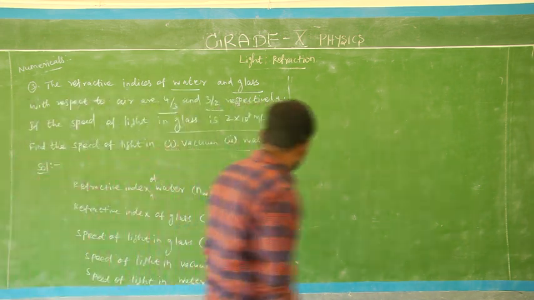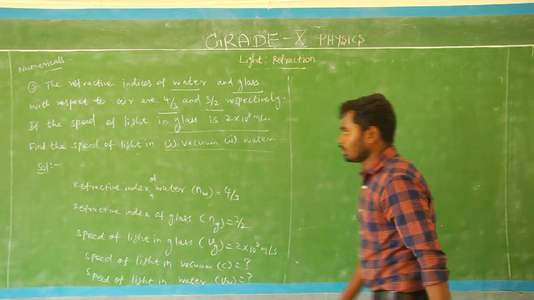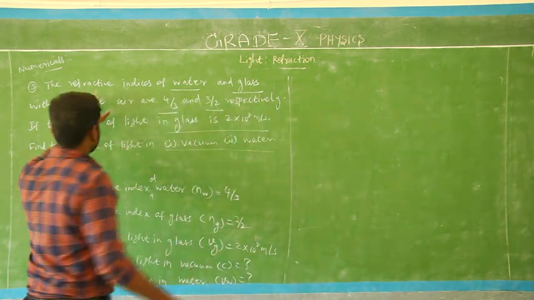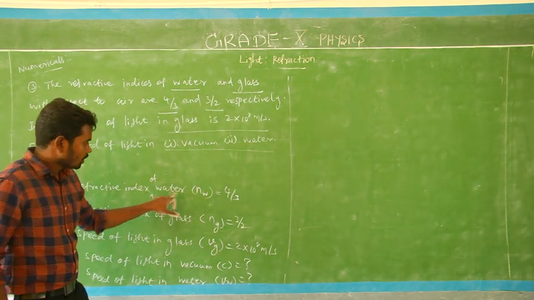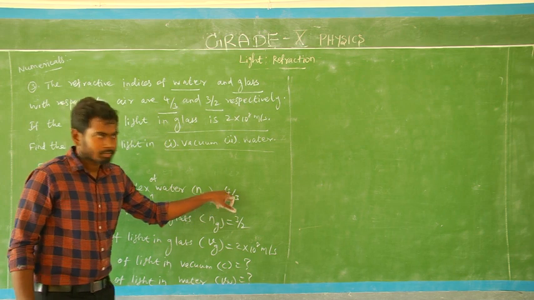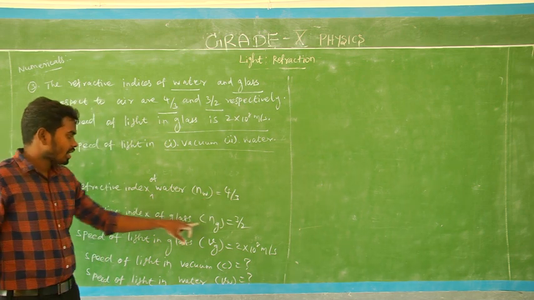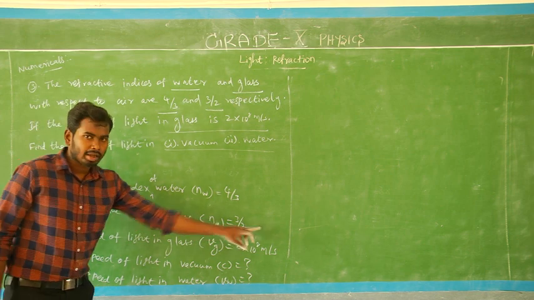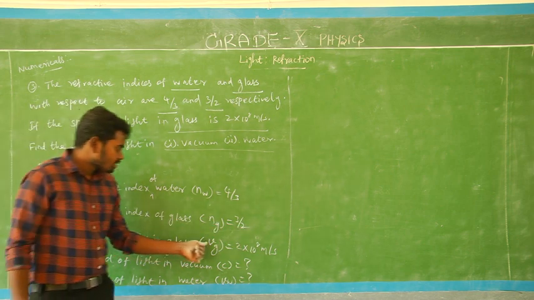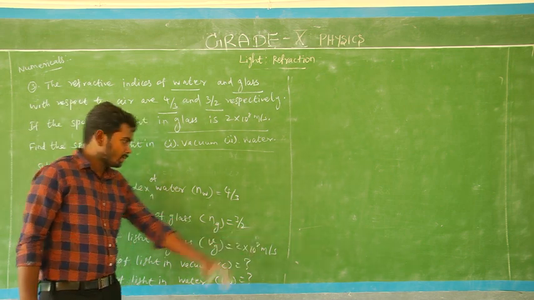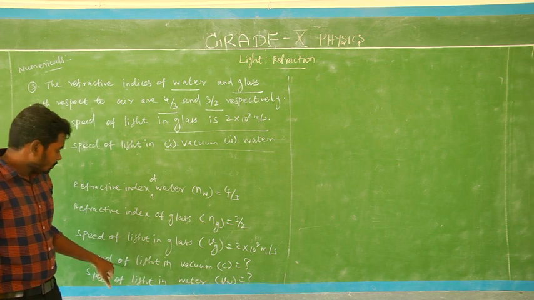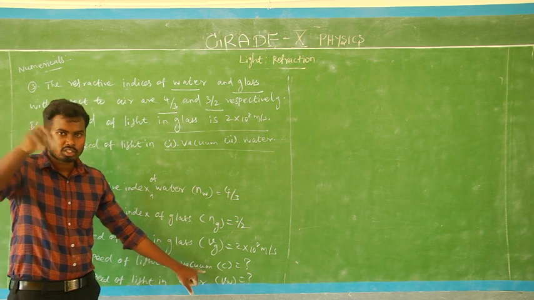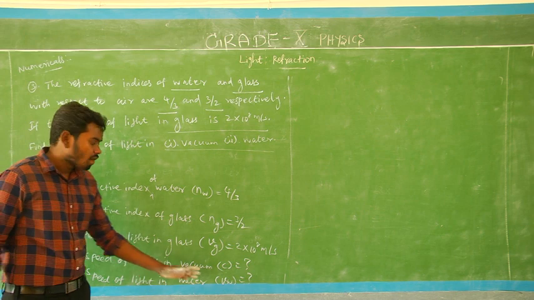These are all the values we already know. The refractive index of water, N w, is equal to 4 by 3. The refractive index of glass, N g, is equal to 3 by 2. Speed of light in glass, v g, is equal to 2 into 10 to the power 8 meter per second. So we need to calculate the speed of light in vacuum, C, and the speed of light in water, v w.